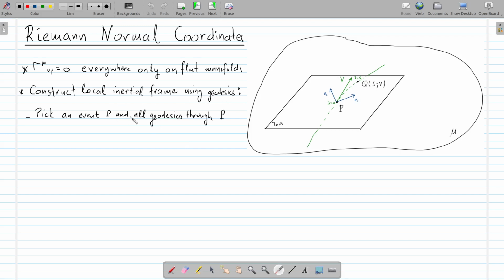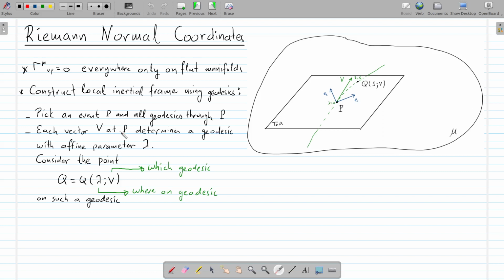First, pick an event in space-time P and consider all geodesics going through P. So every vector here will give us a different geodesic that goes through P. Now, after choosing a vector V and the geodesic that has an affine parameter lambda, let's consider a point on the manifold, not on the tangent space, that is found on the geodesic defined by P and V, at an affine parameter distance lambda along the geodesic.